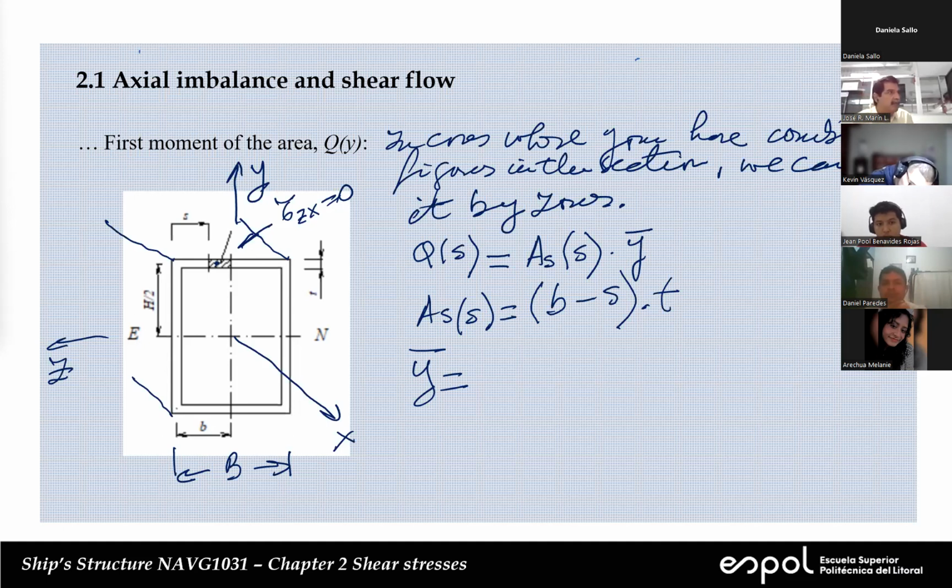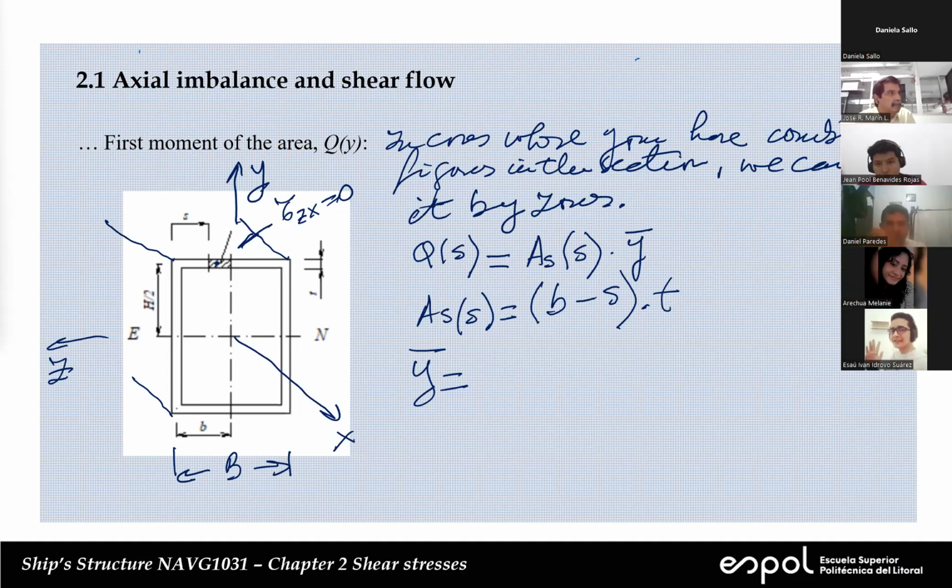Mr. Hidrobo, how much is going to be Y average? H over 2. Yes, minus H over 2. Now, you can say that H over 2 minus T over 2.